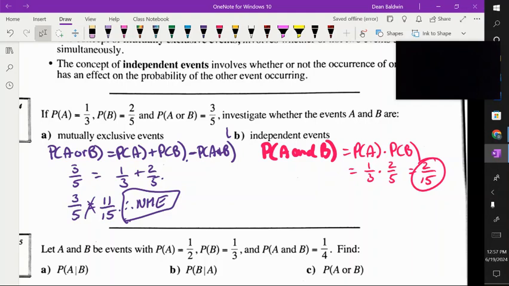So really, over here, I can just take this and go 3 over 5, which is this. I've added those two together. I did that here. That gave me 11 over 15. But we know that there's some of this there, so I go minus the probability of A and B. So you just have to solve for the probability of A and B. If you do that math, you will end up with 2 over 15.